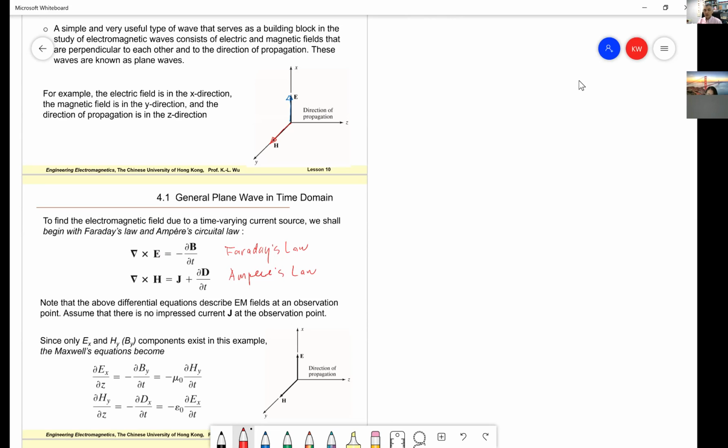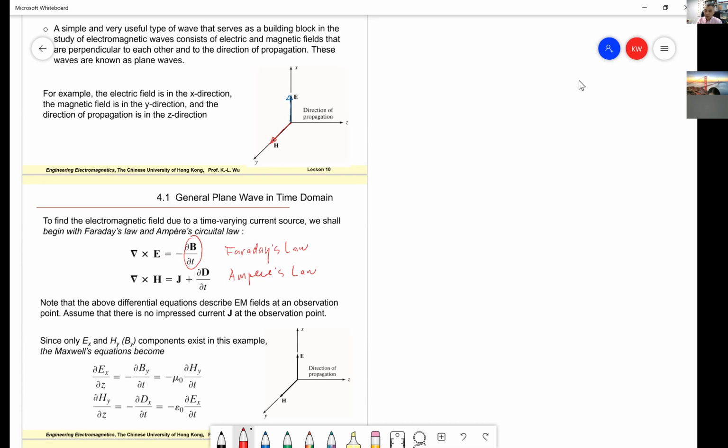The first equation tells us that when the magnetic field changes with time, because partial B, partial t is not equal to 0, then you will create an electrical field. The curl of that electrical field will not equal 0, right?